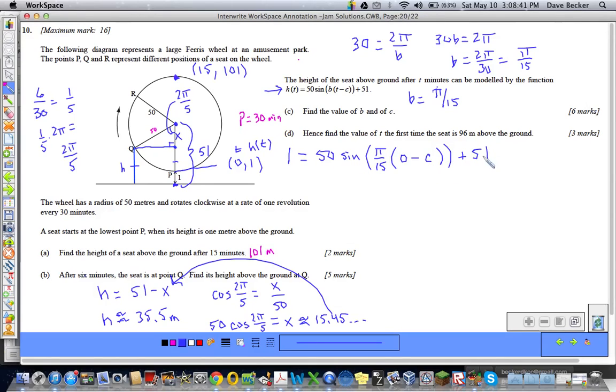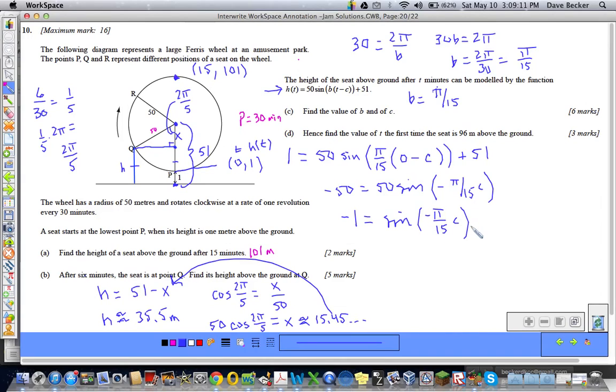So as I subtract 51 from both sides, I get negative 50 equals 50 sine of pi over 15 times negative c, so negative pi over 15 c. Then divide both sides by 50, and I get negative 1 equals sine of negative pi over 15 c.